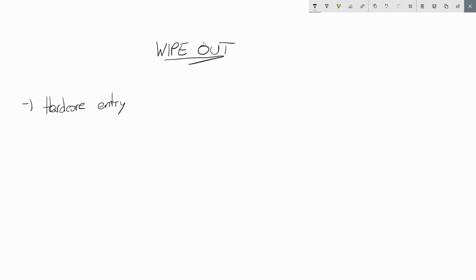And what we need, the first thing we need, is 2 to 3 solid bars before the signal. And those solid bars need to be in signal direction.